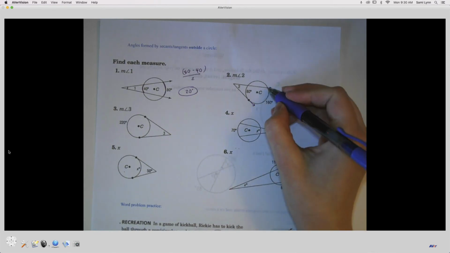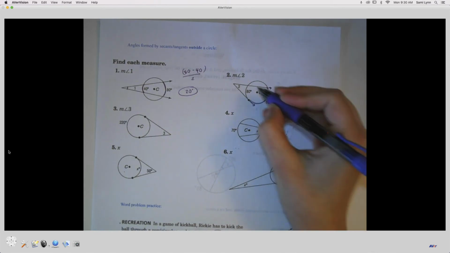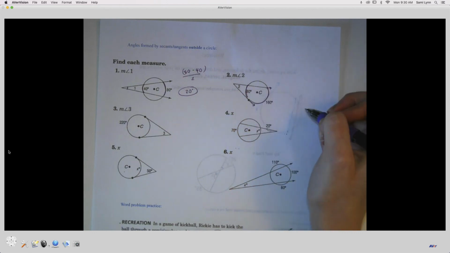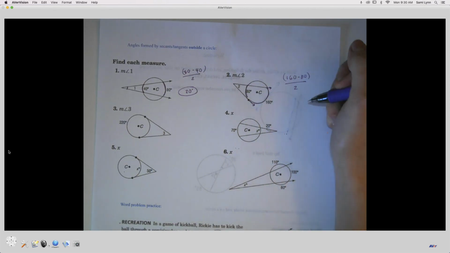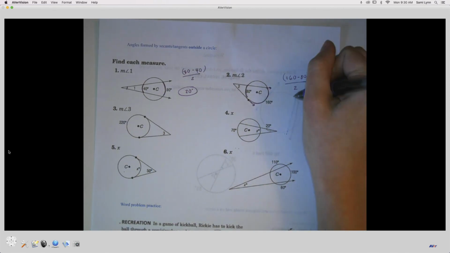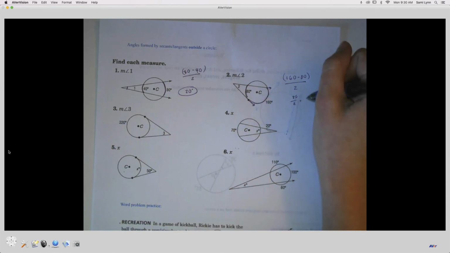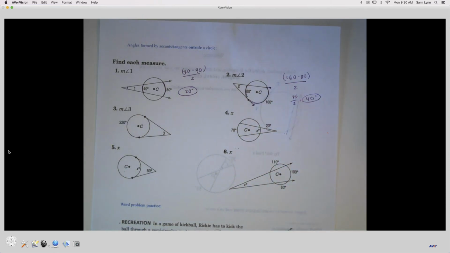So I've got my larger arc and my smaller arc, and all I've got to do is take my larger arc, 160, subtract 80, and then divide by 2. 160 minus 80 is just 80. Divide by 2, and I'm going to get 40 degrees for the measure of angle 2.